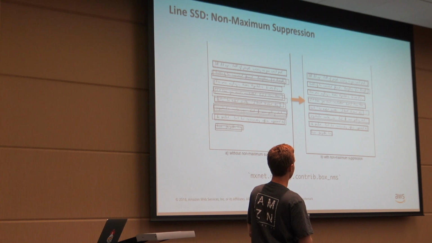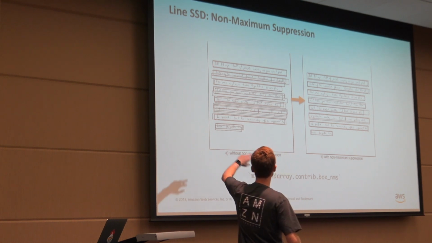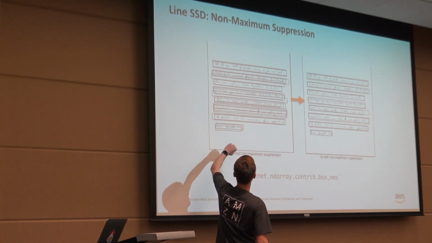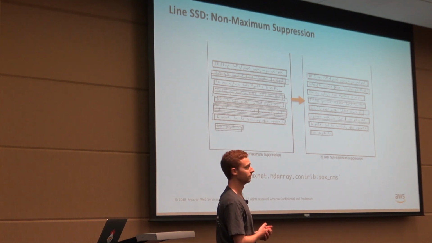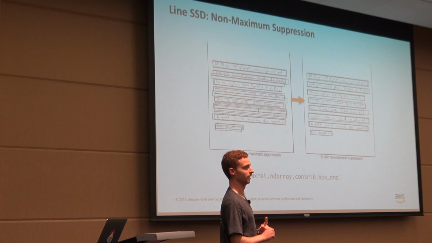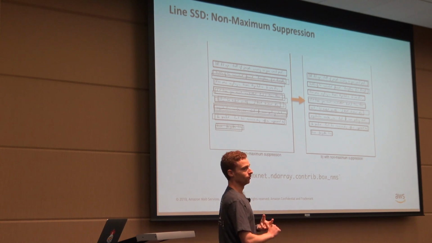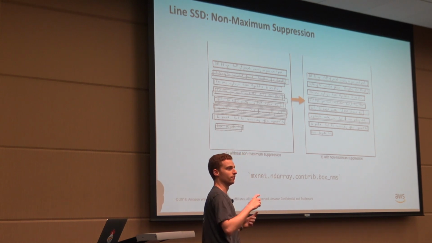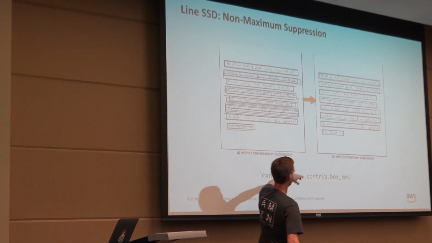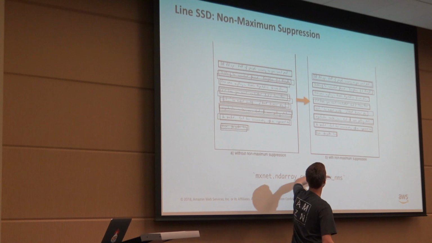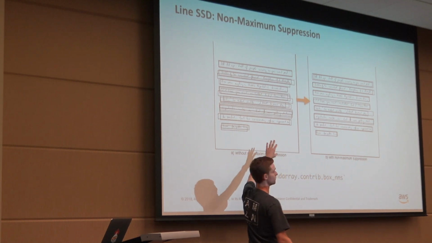The key idea really is to take the most confident box to begin with. So maybe one of those we're 99% sure contains an object. And then once we have that maximum value, we delete all the other boxes that overlap with that one that we're not quite as confident in. So they're non-maximal boxes, and we suppress them because we delete them.